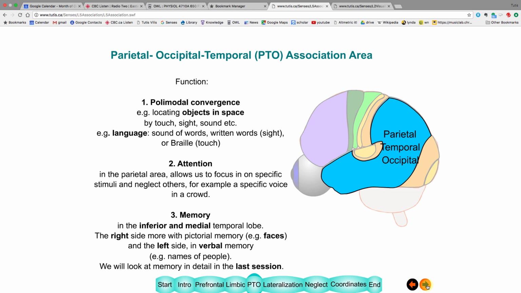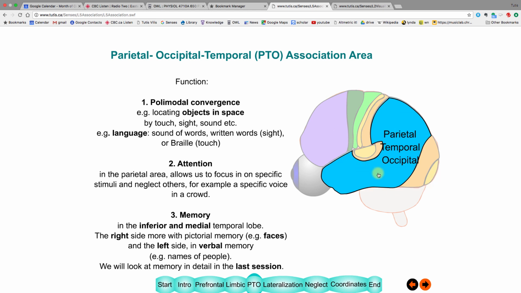Anyways, let's move on to the next area, the parietal temporal occipital cortex. It's a big area, comprises 3 lobes, and it's involved in many important things. One is this polymodal convergence. It's located here between your visual areas, somatosensory areas, and your auditory areas.